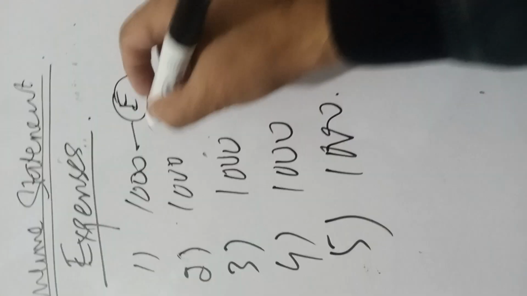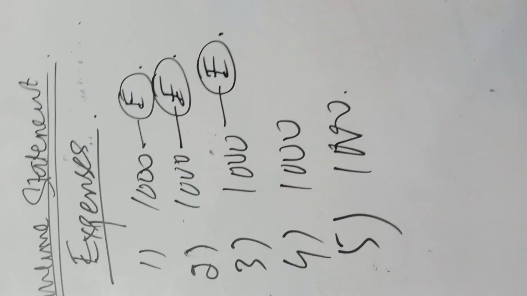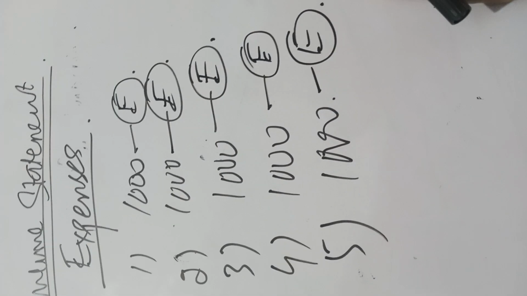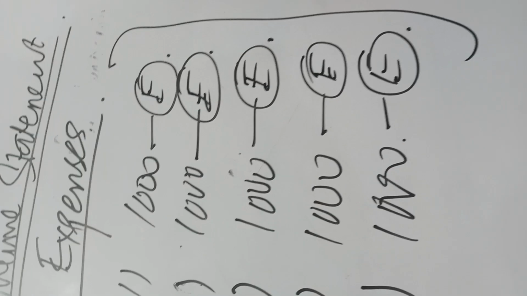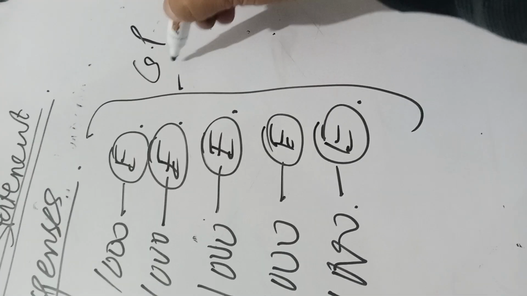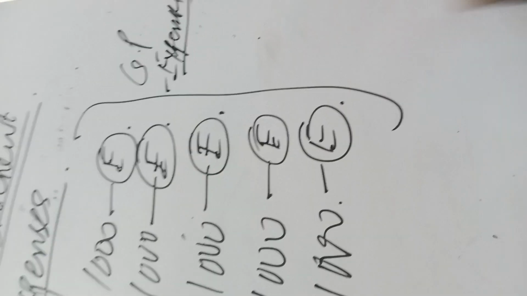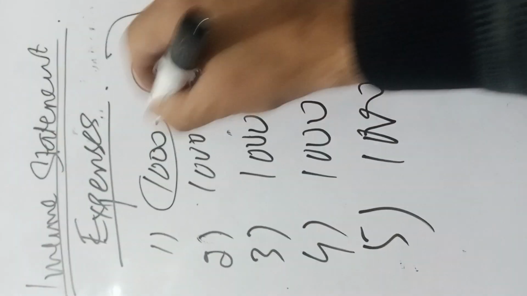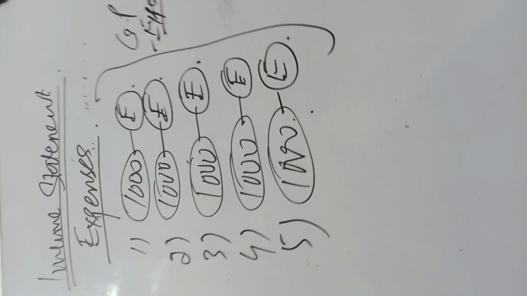This 1000 is an expense in the income statement of the first year. This is an expense in the income statement of the second year, third year and fourth year, and same like the fifth year. And where do you need to record this expense? You will record it after GP. From GP you will deduct expenses. Under the expenses you will charge depreciation, a non-current expense. In every year you will record only 1000 expense. This is the effect in the income statement.